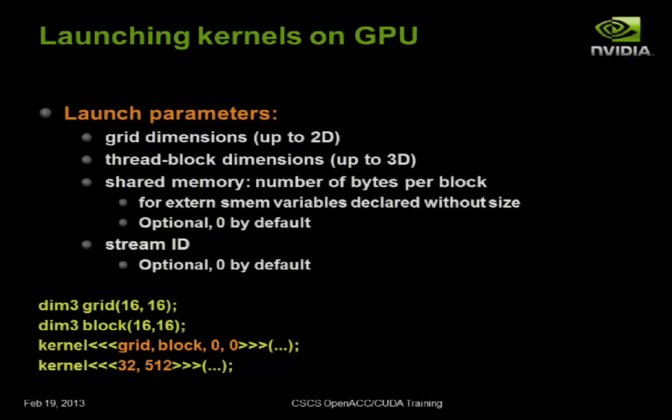And the last argument is the so-called stream identifier. We will come back to streams in a while, but as Alistair has explained before, streams is a mechanism of scheduling individual kernel launches in separate groups.